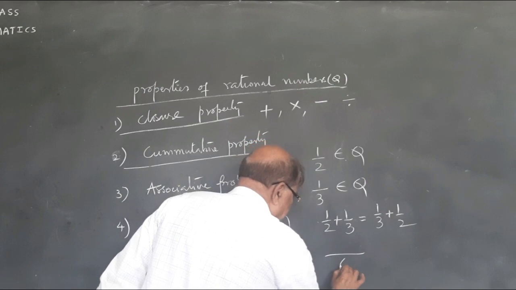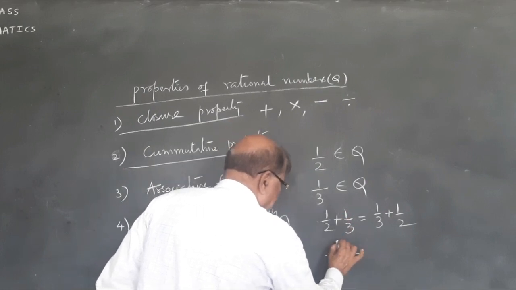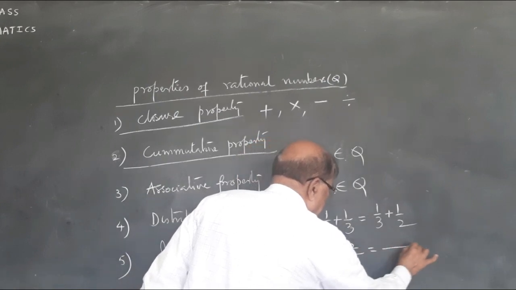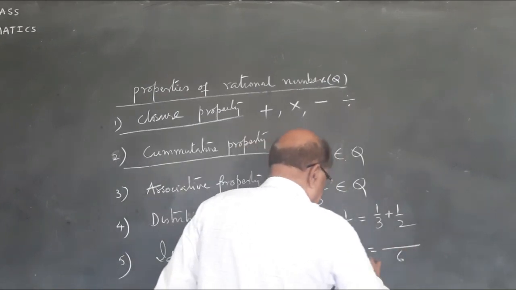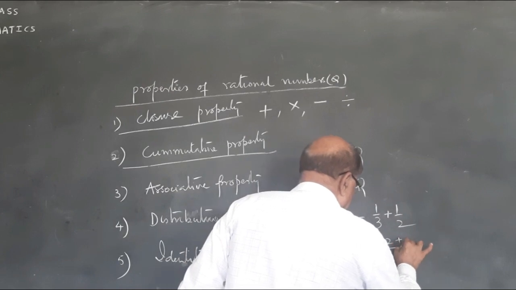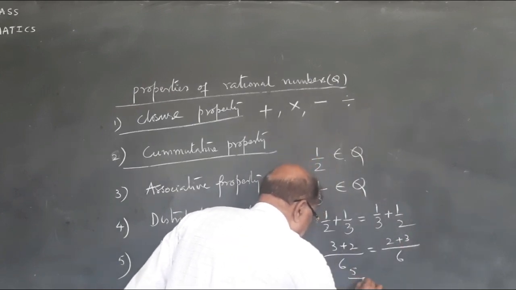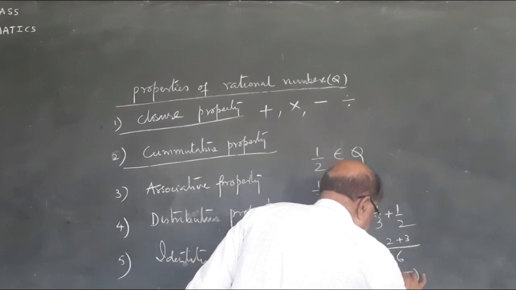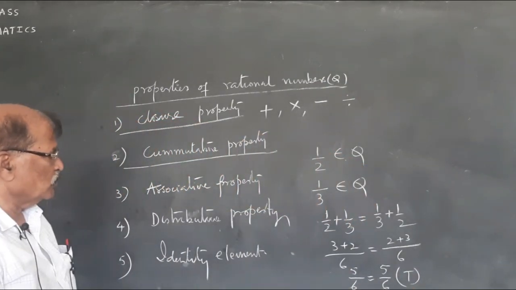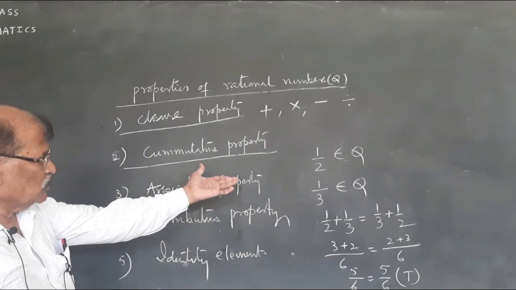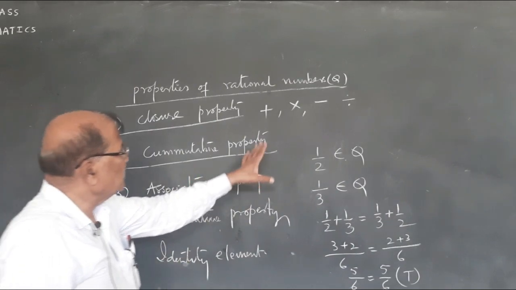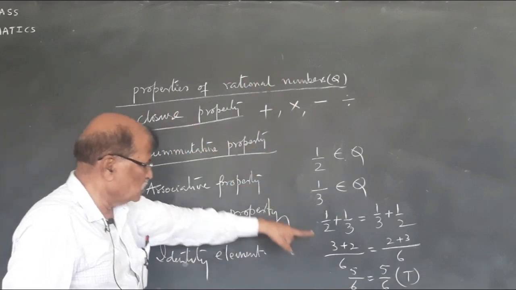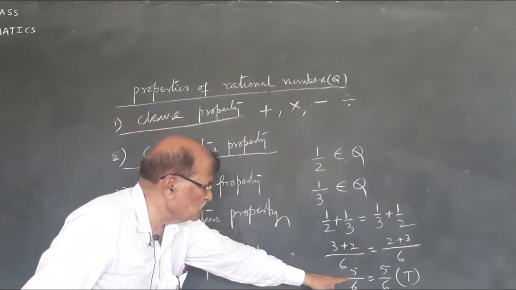So you are getting LCM 6, 2 plus 3, so you are getting 5 by 6, here also you are getting 5 by 6. It is true. So in rational numbers, commutative property holds good, stands true.